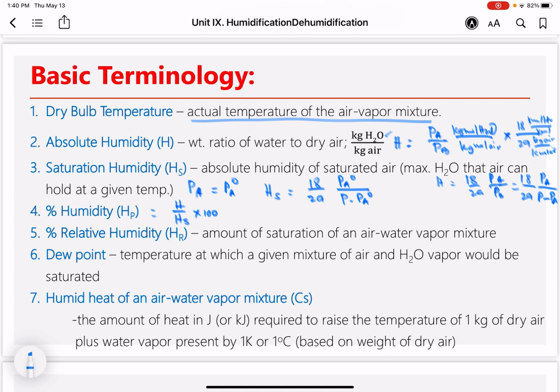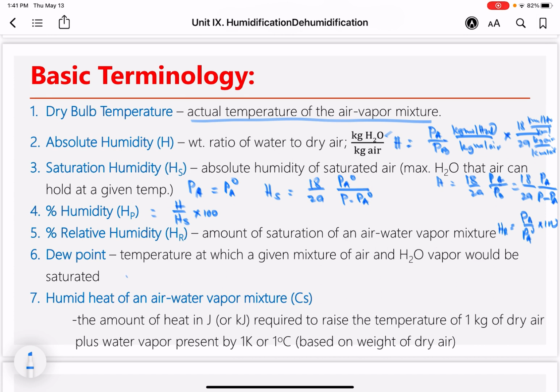Relative humidity, it's the amount of saturation of the air-water vapor mixture, or that is HR, which is your PA over PA naught times 100. So that's your relative humidity. And since you know that your HP from before, your percent humidity is equivalent to your HR times P minus PA naught over P minus PA. Okay? Dew point.